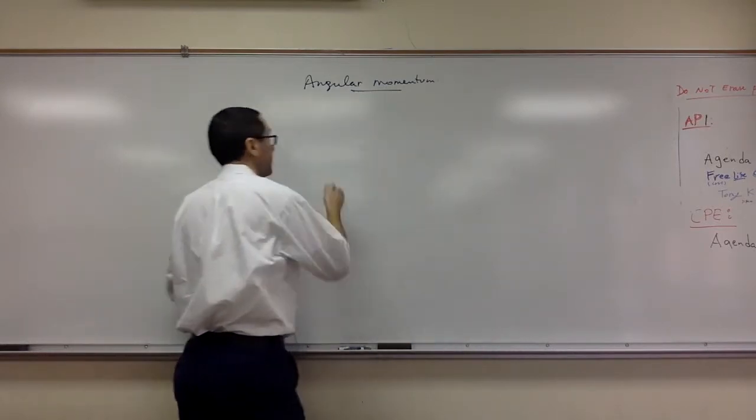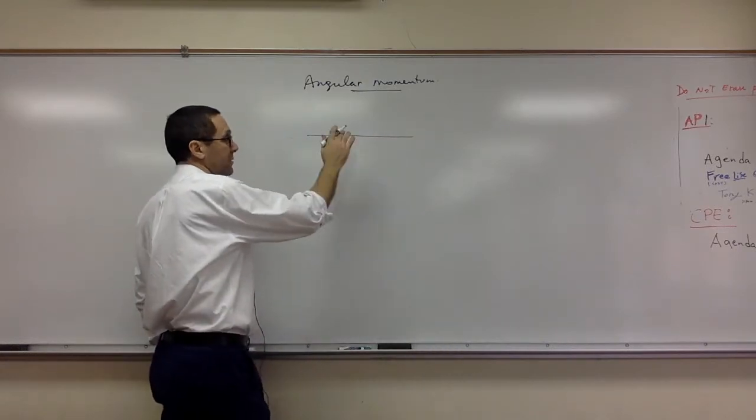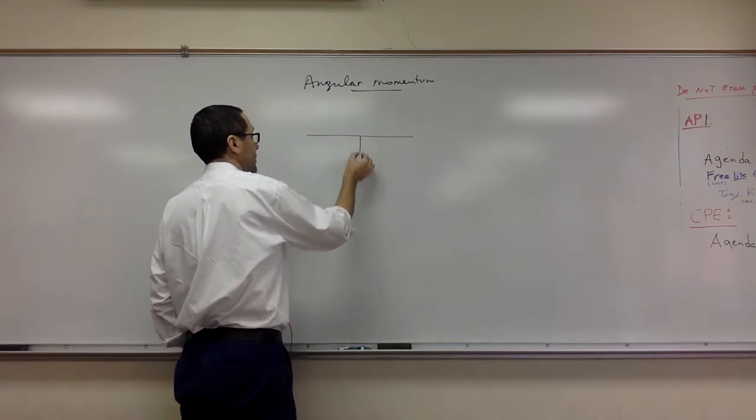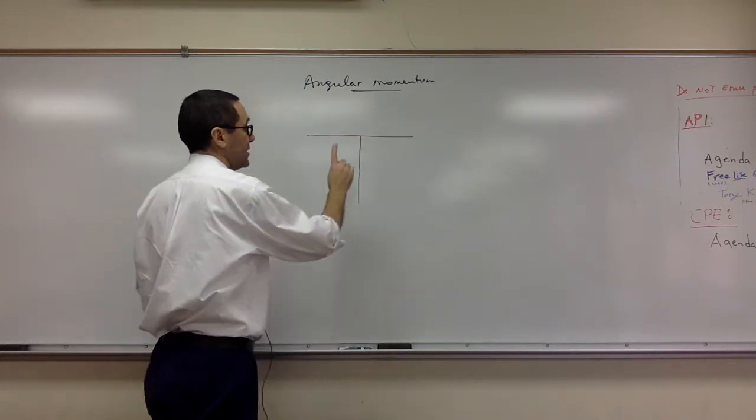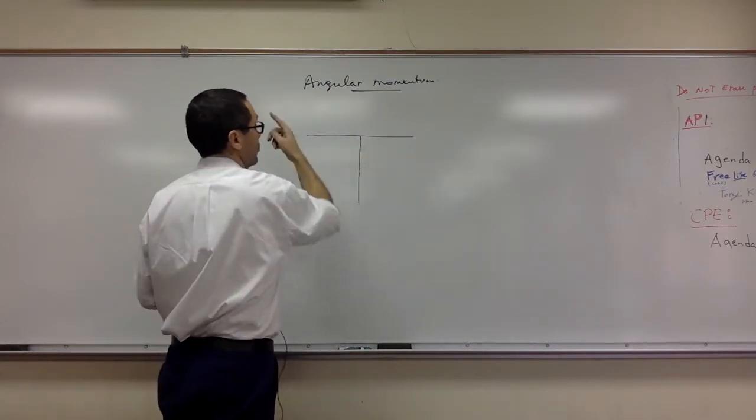Let's say I have a very light rod, and the axis of rotation is here. Let's say this turns this way, comes at you, and goes into the board.